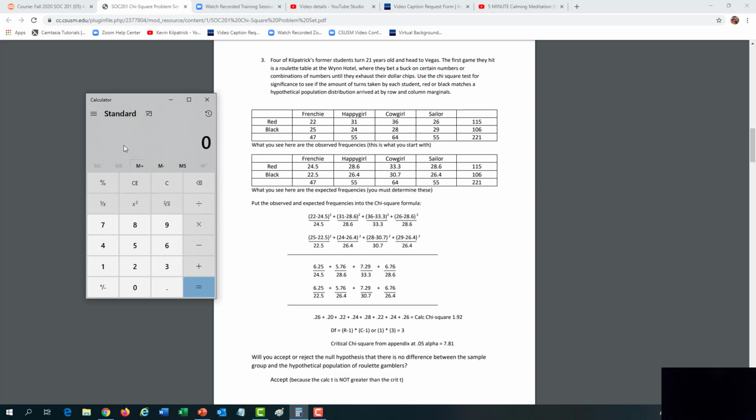So let's give that a try. 55 times 115, and I get that result, and then divide it by 221. Bing! And what I end up with is 28.61. So I'm just going to round that to 28.6, and that's what I have here. Okay?